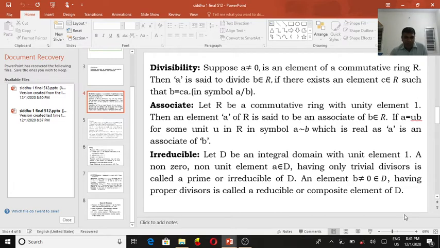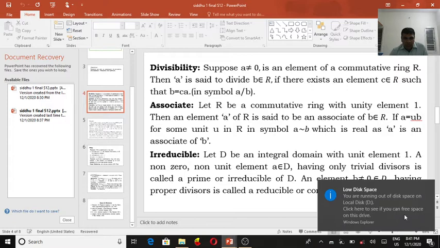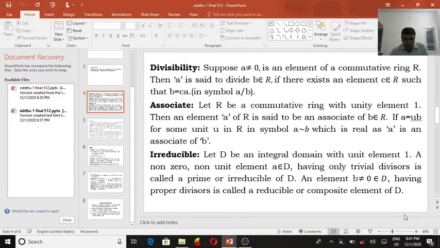A non-zero, non-unit element A, that is A not equal to 0 and other than 1, belonging to the integral domain D, having only trivial divisors is called a prime or irreducible of D.